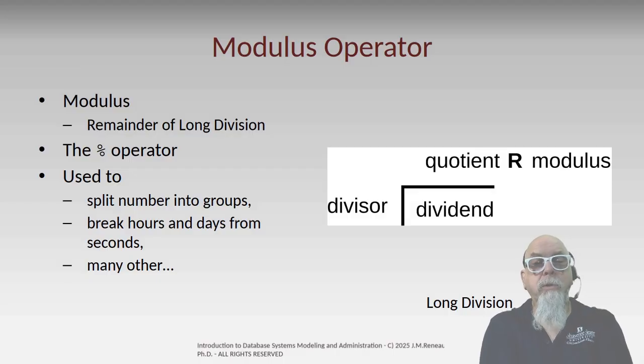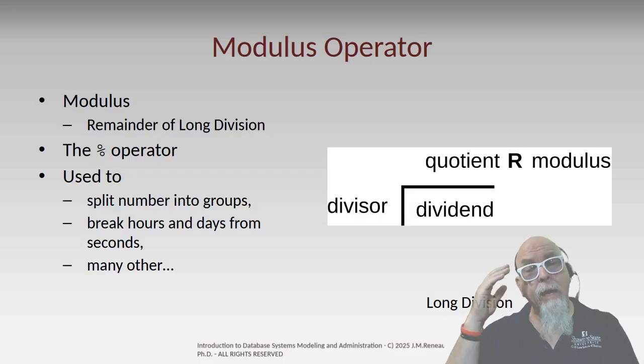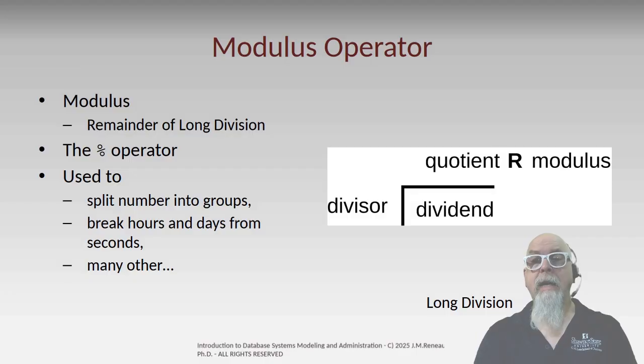It's also used maybe to split out the number of hours in a day or number of minutes in a day, and lots of other things. When you get used to using it and you think about the modulo as an option when you're doing division, you'll actually find it's really handy.